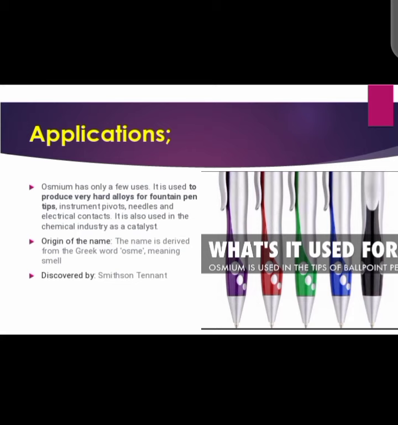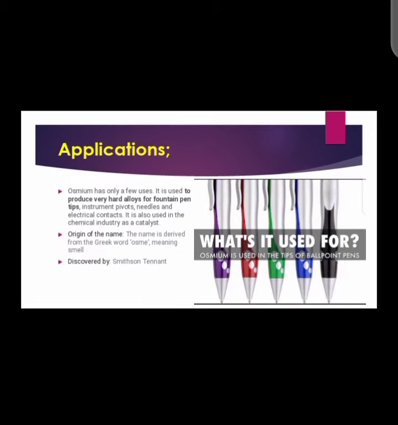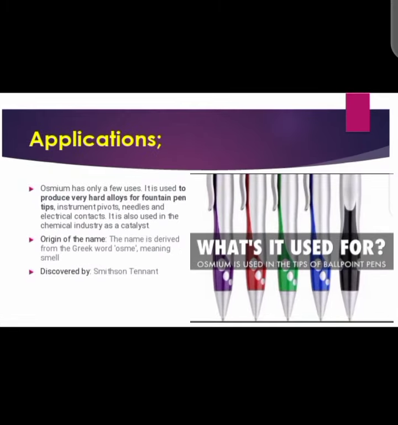The origin of the name is derived from the Greek word os, meaning smell. It was discovered by Smithson Tennant. It is used in the tips of ballpoints, the ballpoints we use regularly to write on our papers.